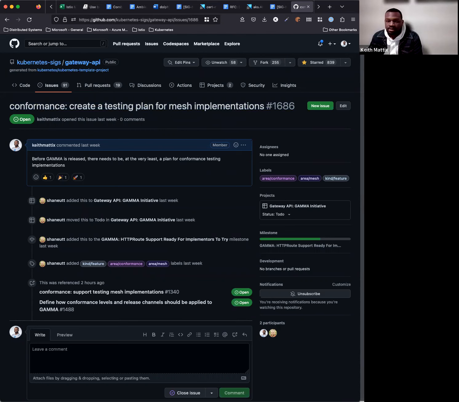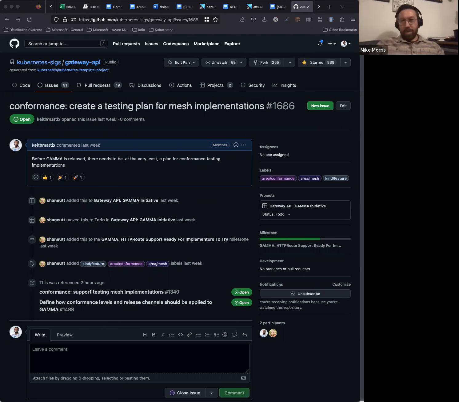So my interpretation of this is that 1686 is a superset of what would be required for 1488, define how conformance levels and release channels should be applied to Gamma. My expectation for the deliverable on that is basically a one paragraph PR added to the existing GAP saying we should use conformance profiles.